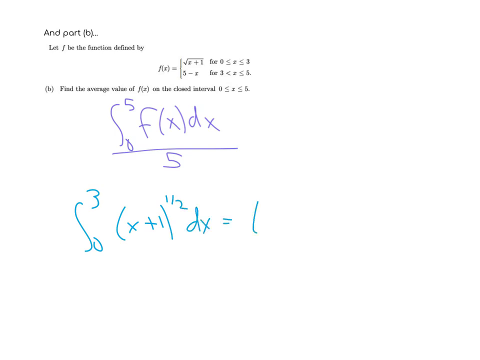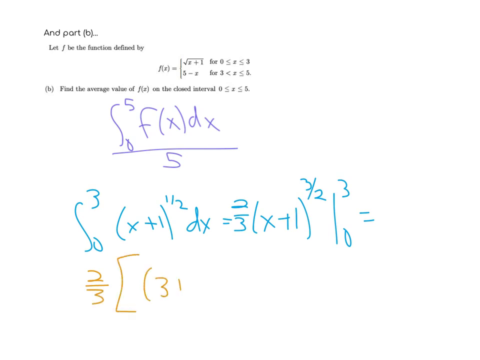Now I'm going to find whose derivative that is. That's going to be to the 3/2, because I'm going to add 1 to the exponent. But don't forget 2/3 in front. I'm going from 0 to 3. Now when I plug in, I'll show my work here. I put the 2/3 out front, 3 plus 1 to the 3/2, and then I plug in 0 plus 1 to the 3/2. 3 plus 1 is 4.